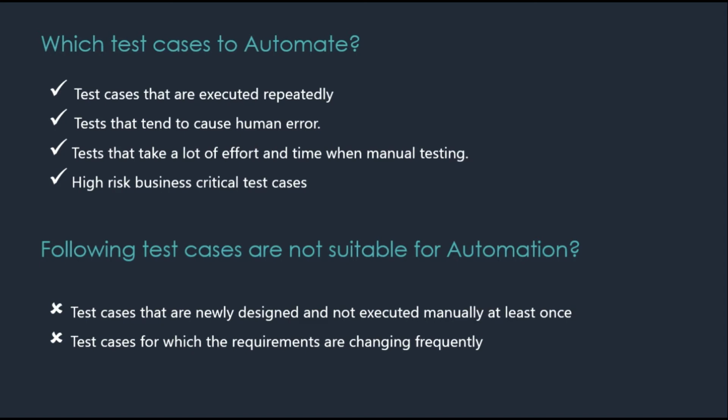We select the test cases that are executed repeatedly, tests that tend to cause human errors, tests that take a lot of time and effort when doing manual testing, and business critical test cases. And we do not automate test cases that are newly designed and not executed manually at least once, and test cases whose requirements are changing frequently.